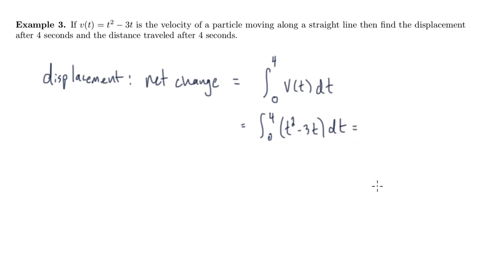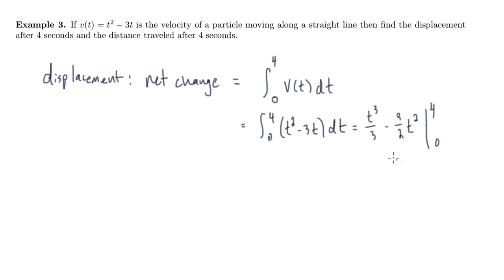And remember that this is very straightforward. All we have to do is find an antiderivative: t cubed over 3 minus 3 halves t squared, and then evaluate from 0 to 4.